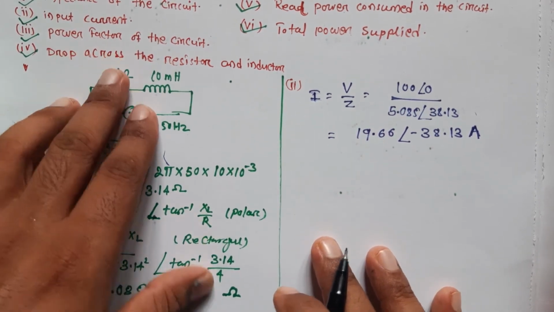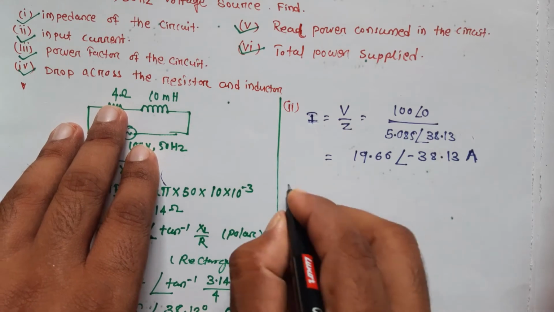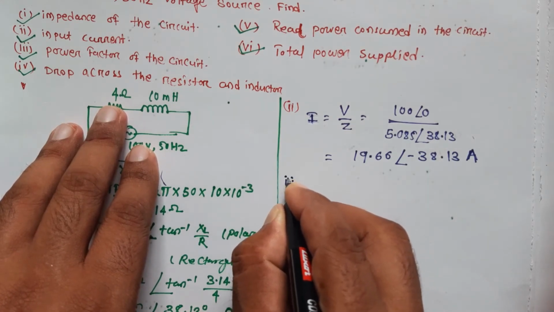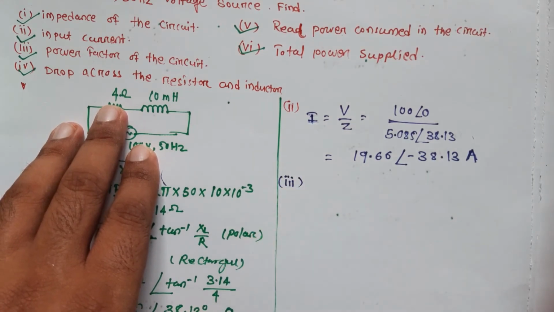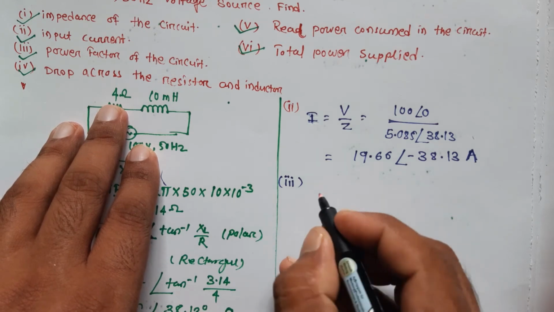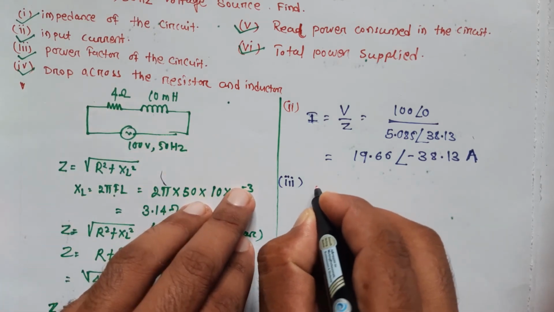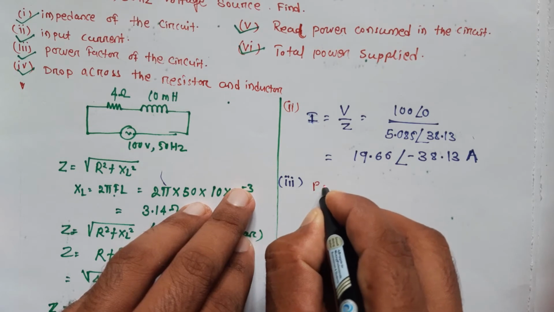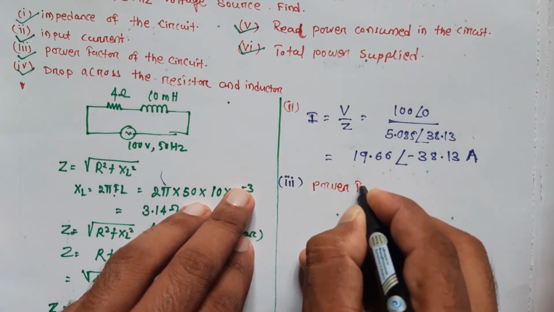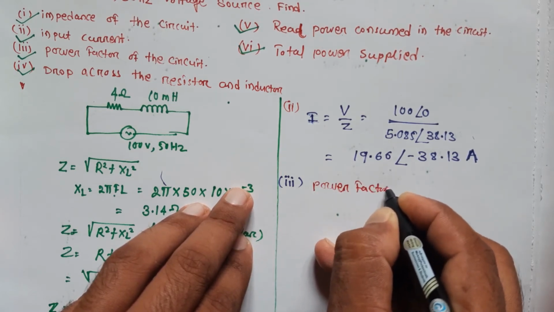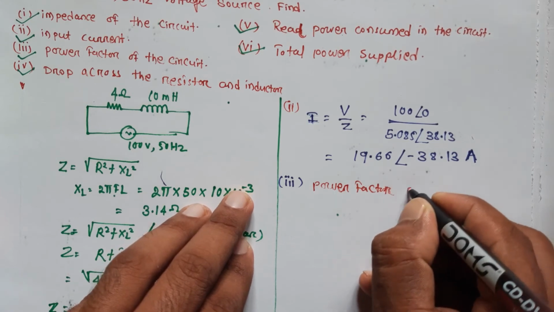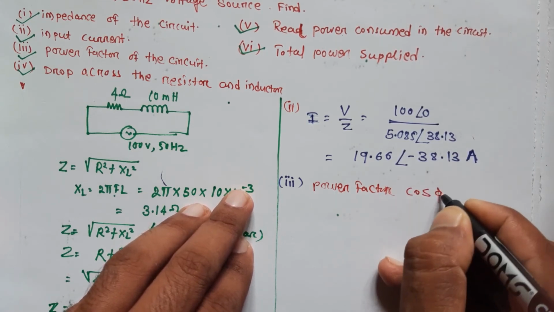Third point is the power factor of the circuit. For finding the power factor of the circuit, we know that power factor is cos phi.